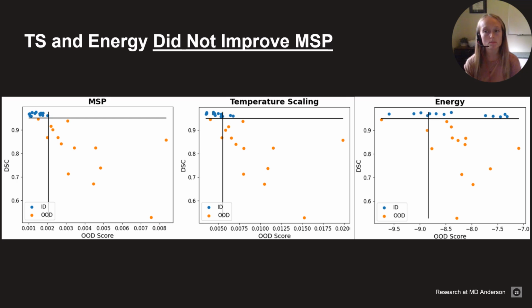When we're looking at temperature scaling and energy, which were created in the natural imaging realm to improve maximum softmax probability by further pushing the in-distribution and out-of-distribution distances apart, we can see that it actually brought them together and made the performance worse. This really brings into question how we should calibrate output-based methods in medical imaging segmentation models, and if the methods that work in classification models and natural imaging really translate into medical imaging.